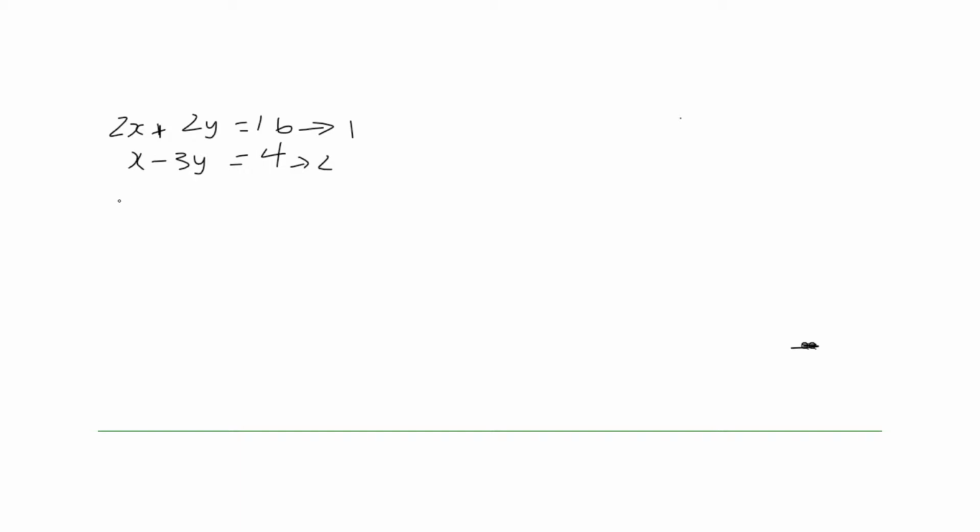We're going to have 2x equals 16 minus 2y, and we need to make x the subject here. So we divide by 2, so x equals (16 minus 2y) over 2, and that's equation 3.